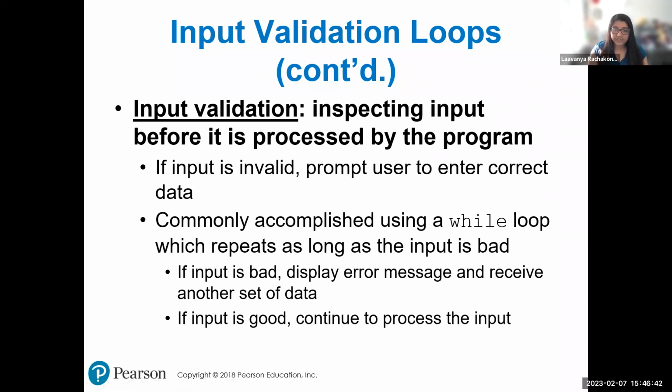If the condition is true, it will keep repeating until the condition is set to false. We'll see examples in the lab. If the input is bad, display the error message and receive another set of data. If the input is good, continue the process.